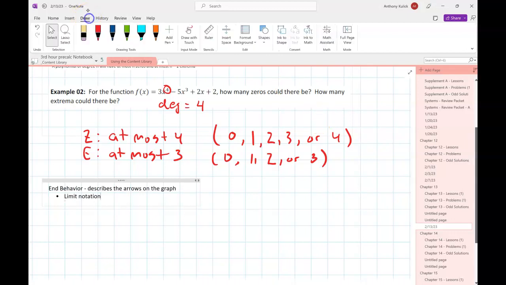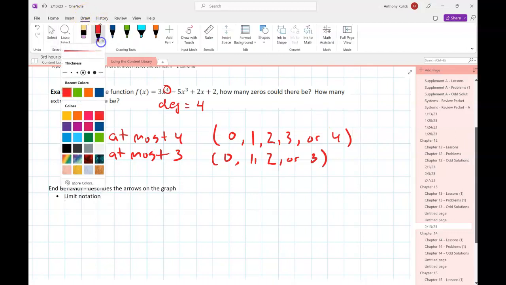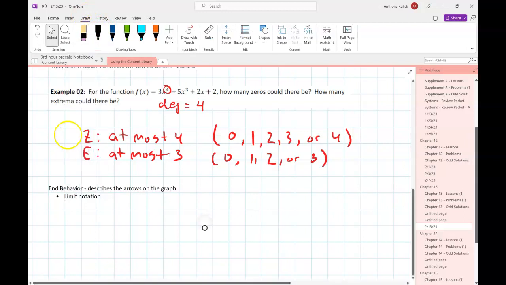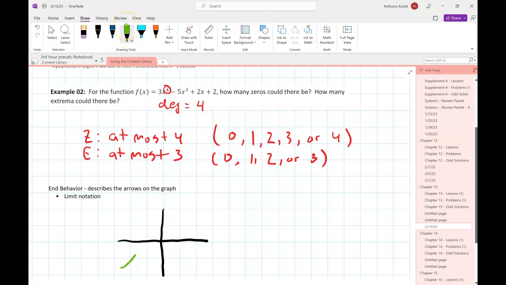So let's say we're looking at a graph, and it looks like this. Let's say the name for that graph is f of x.